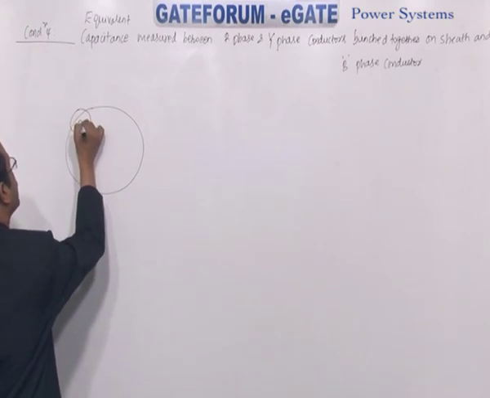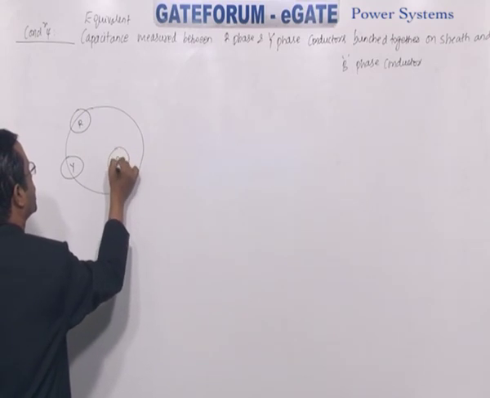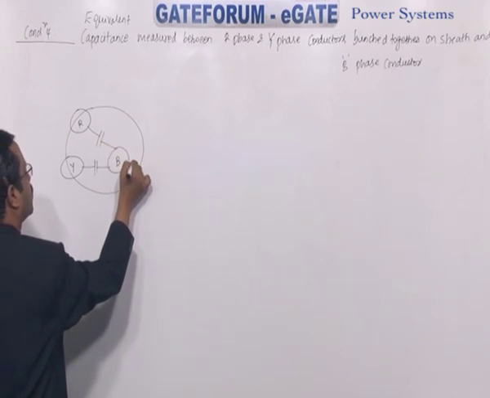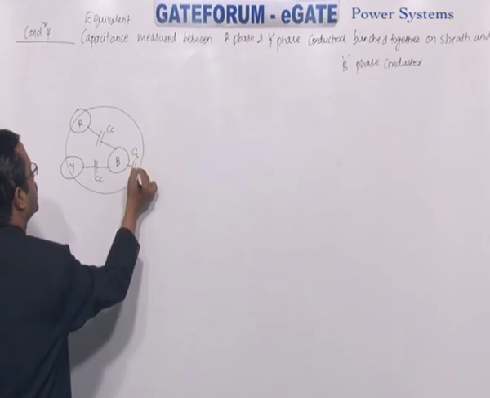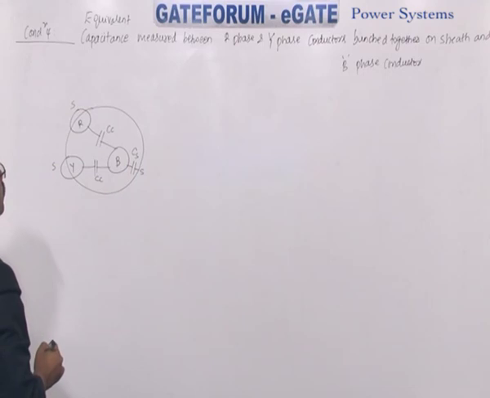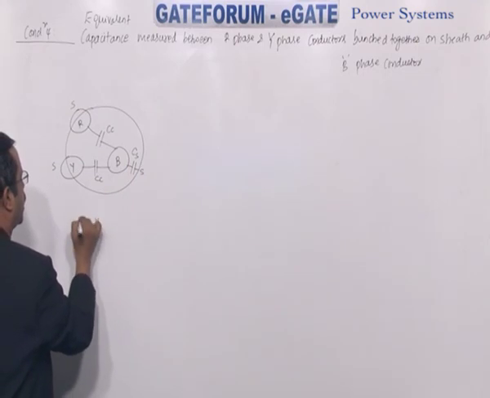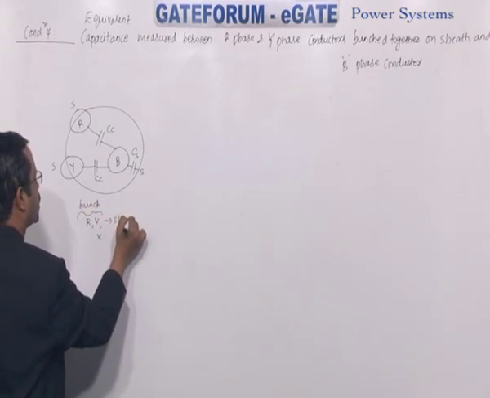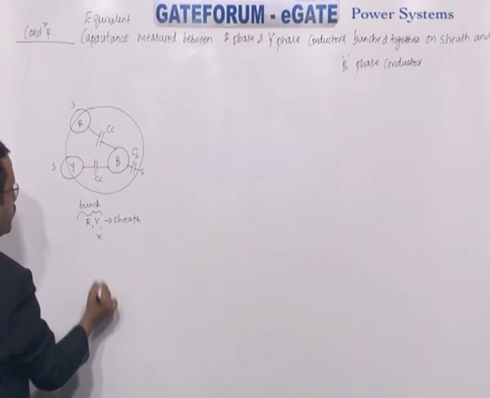So R phase, Y phase are on the sheath and B phase is as it is. Locate the capacitors now. Between them CC and here it is CS. So now R, Y are bunched, and moreover they are bunched on the sheath. Next we have B phase.